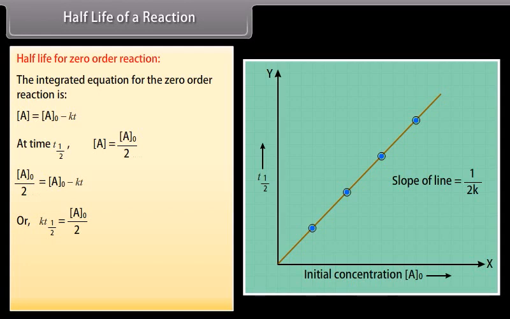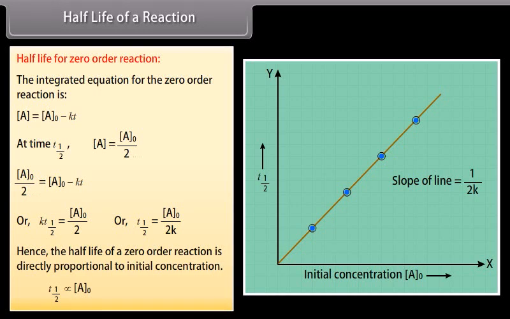It can be written as t half is equal to A naught divided by 2K. Hence, the half-life of a zero-order reaction is directly proportional to the initial concentration.